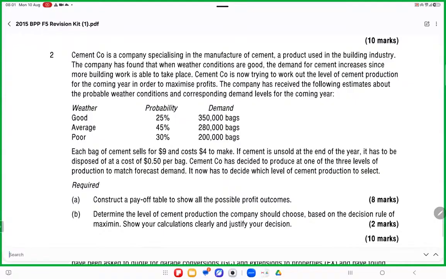So by any chance, have they gotten this question? Cement company, by any chance, have they gotten this question? These great students of mine who are overcoming every day.